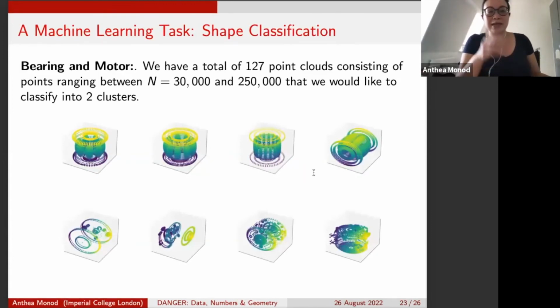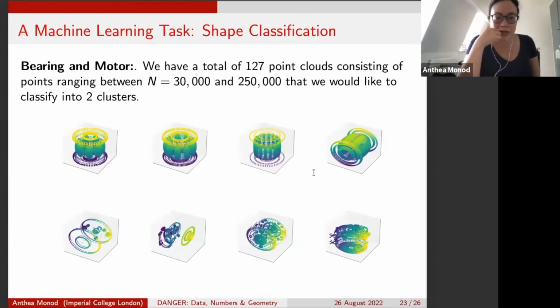Here we were taking the problem of shape classification. Again, we looked at this mechanical components benchmark, which is a collection of 3D objects of mechanical components for 3D CAD, computer aided design.